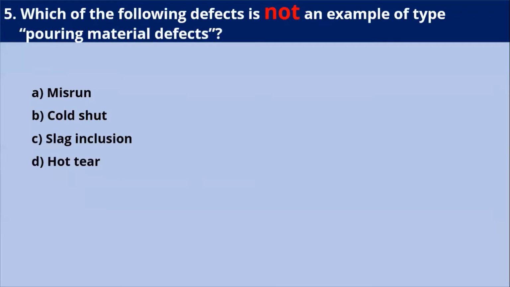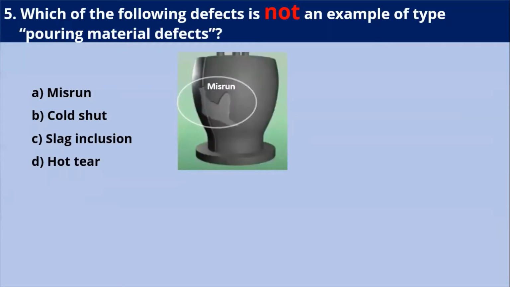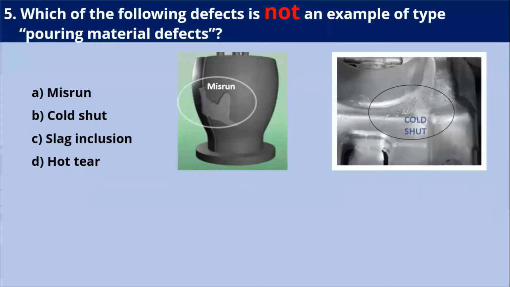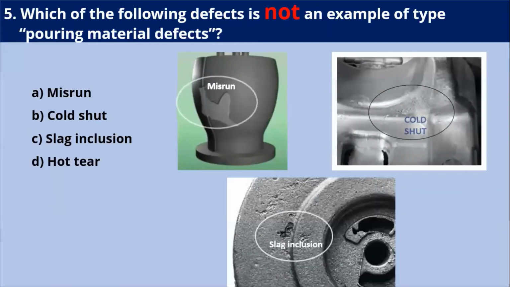Next question, which of the following defects is not an example of pouring material defects? I have shown that suppose this is the misrun, and this is a cold shut, and the slag inclusion are pouring metal defects. Misrun is caused when the metal is unable to fill the mold cavity completely.